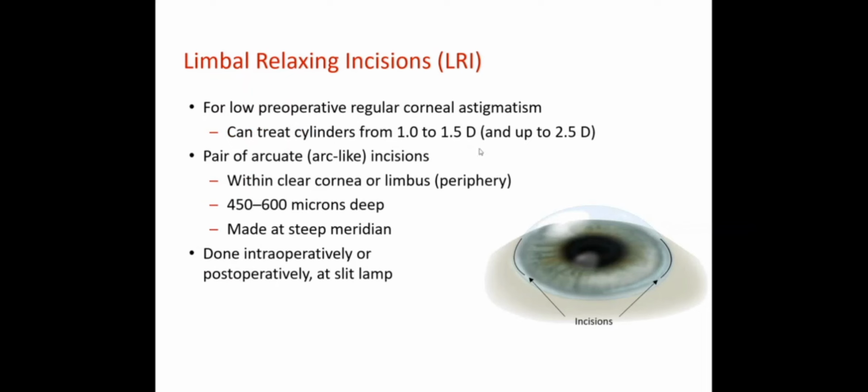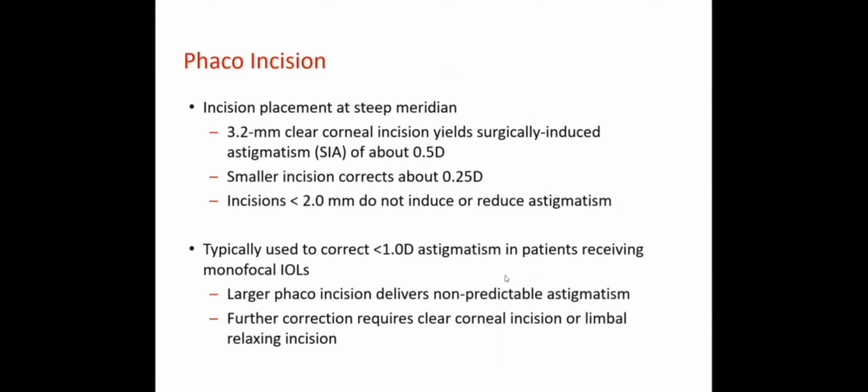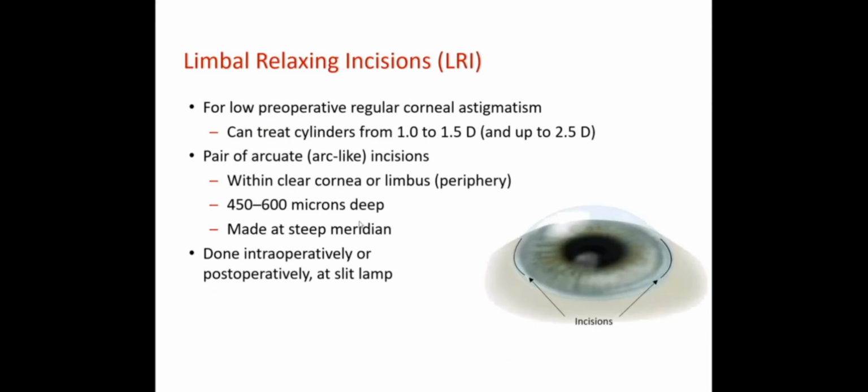So limbal relaxing incisions, you can correct a little bit more astigmatism because you can make a wider cut. So you're not limited to the size of the phaco incision. You can treat up to 1.5 diopters of cylinder.